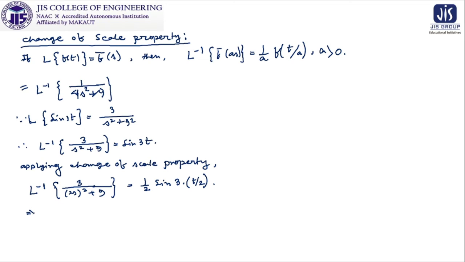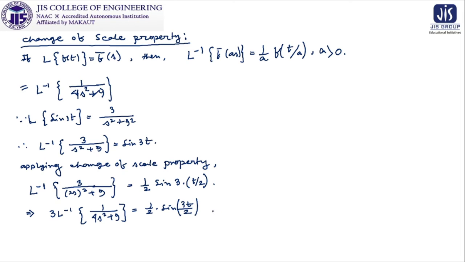Now only the simplification is remaining. 3 Laplace inverse of 1 by 4s square plus 9 is equal to half of sine 3t by 2.